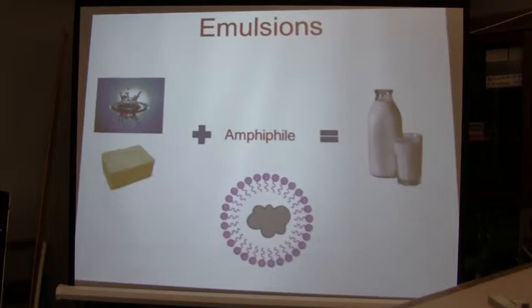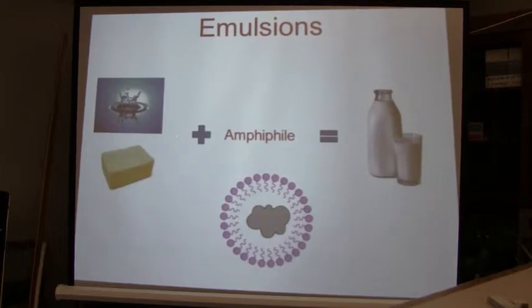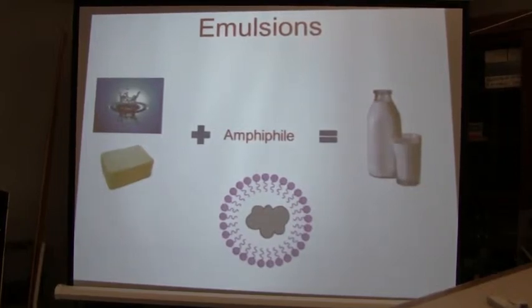Milk is another example of this. So I guess I didn't define emulsion, but emulsion is going to be a liquid that has polar molecules dissolved in a nonpolar base, or vice versa. And milk is probably the most common example of this. We know that if we buy a whole milk and we shake it up a lot, we can make butter out of it.